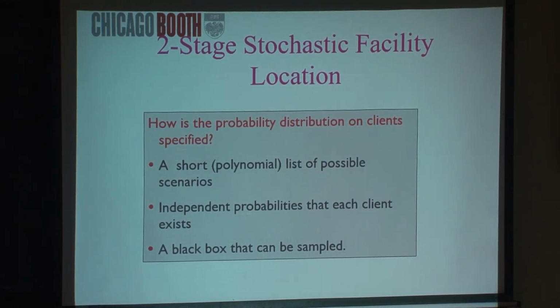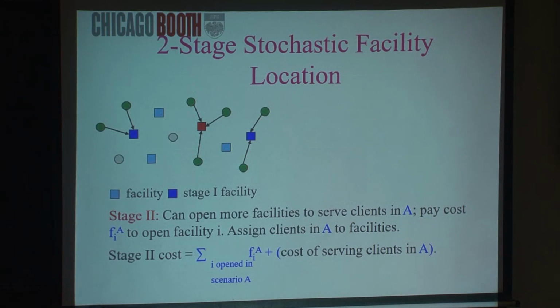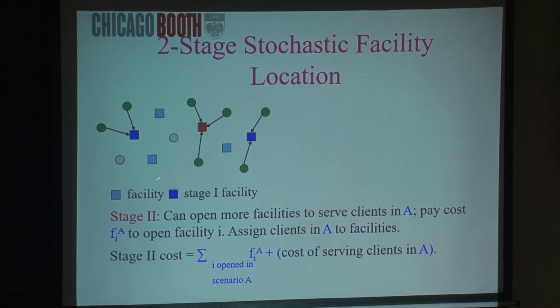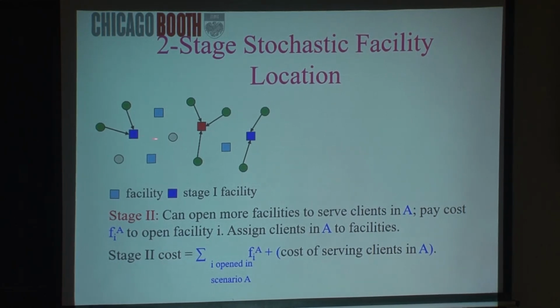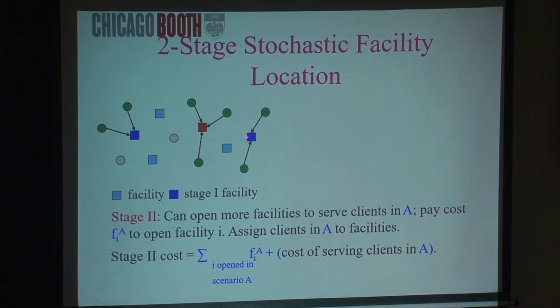And I assume I can sample from these clients. Okay, so in stage 2, in order to meet the demand, I'm going to see what clients could be served from each of these. Now, it could be that, let's say, these 3 clients could not be served from the 2 that I had originally put in.